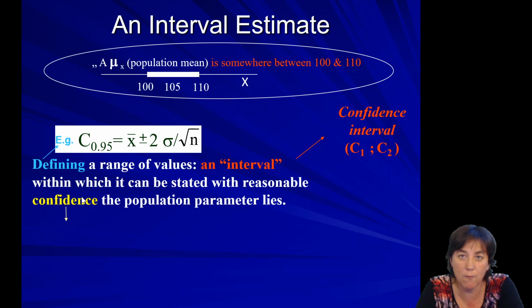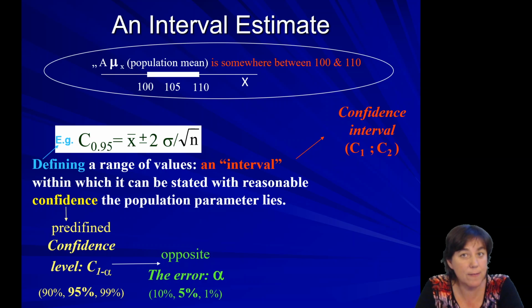Now, what about the confidence? How confident are we? Well, the interesting part is that you have to define this a priori. The most common level of confidence is 95%, but it doesn't mean that you cannot decide on a lower confidence, let's say 90%, or a higher confidence, that's 99%, for example, or any confidence that you like.